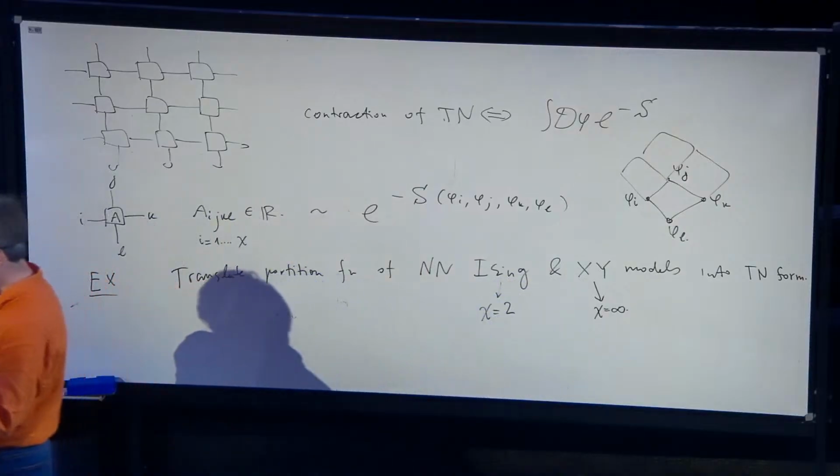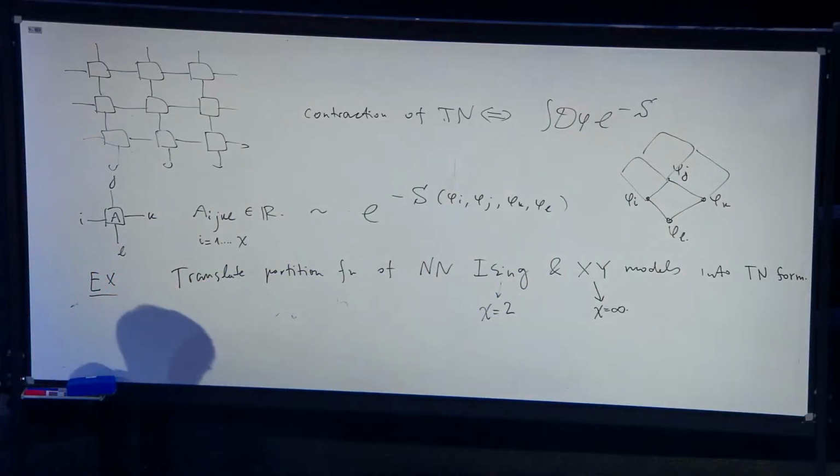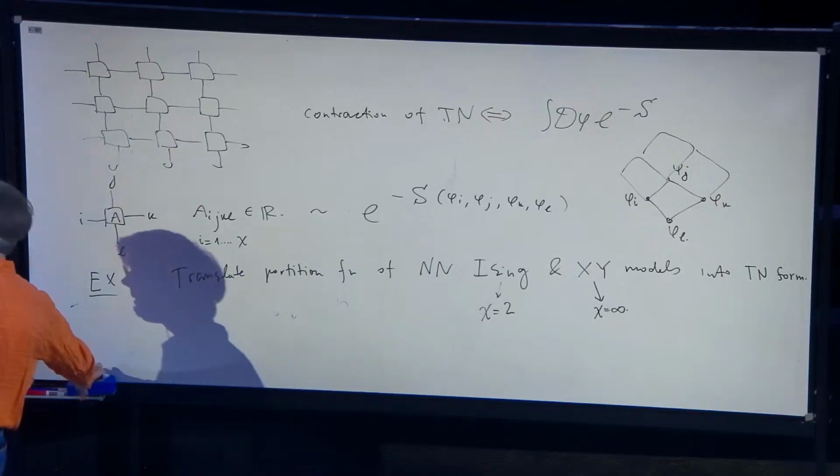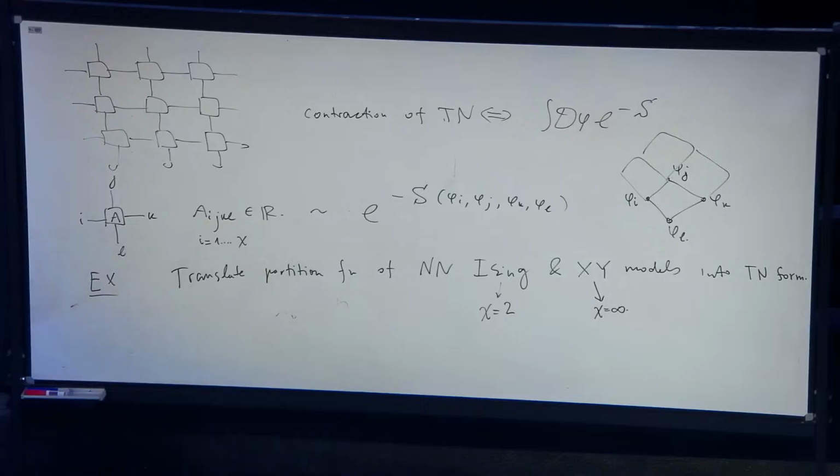And if you want a more formal definition of what a tensor is, then more formally, a tensor is a map.